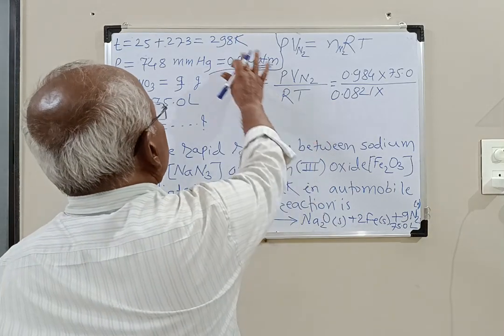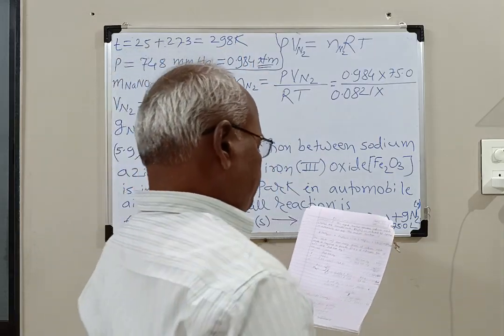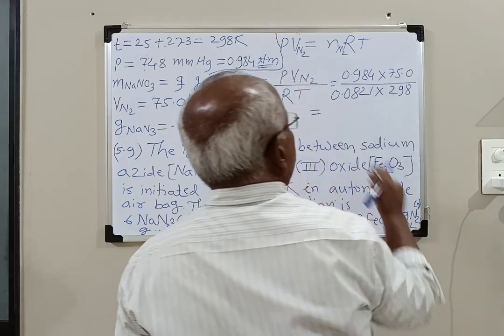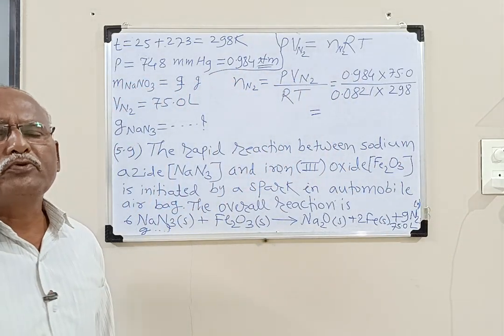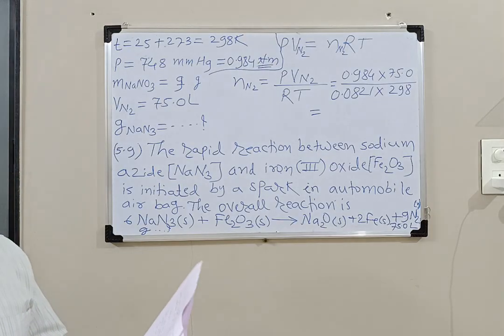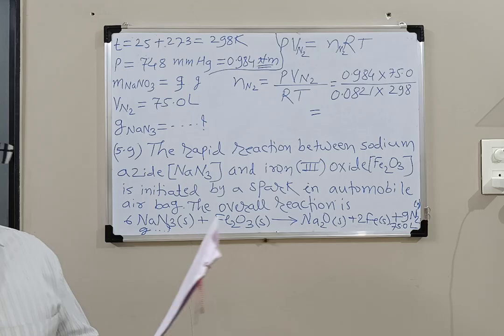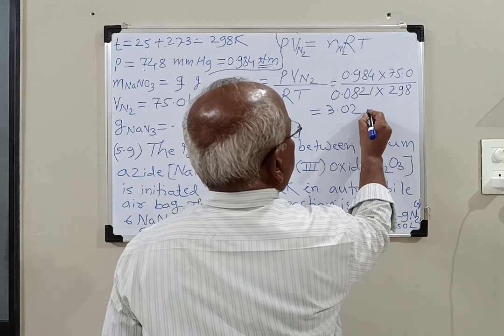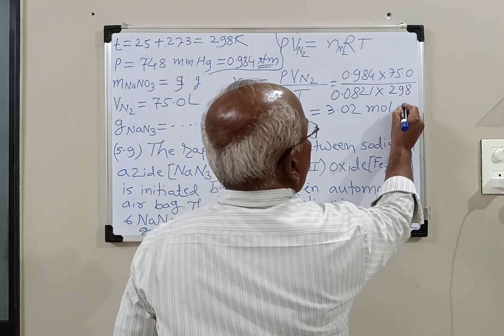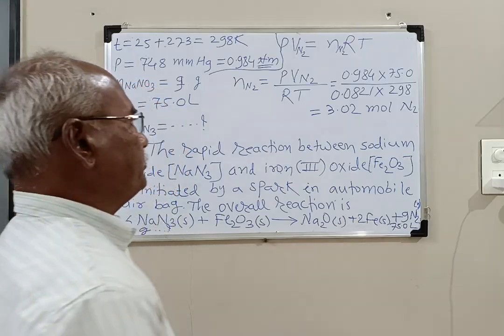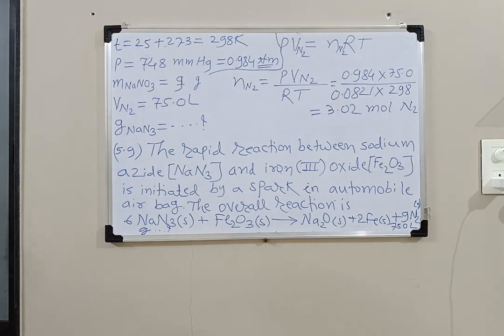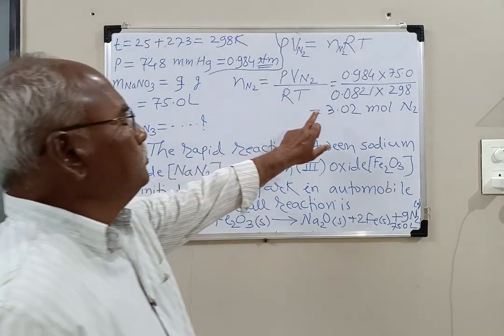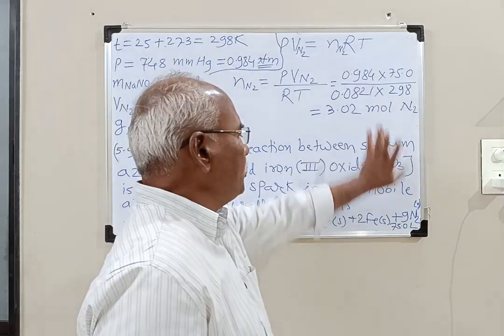Temperature in Kelvin 298 Kelvin. Make these calculations by using calculator. I tell you the direct value, that is equal to 3.02 mole of nitrogen. So number of moles of nitrogen is equal to 3.02 mole of nitrogen.